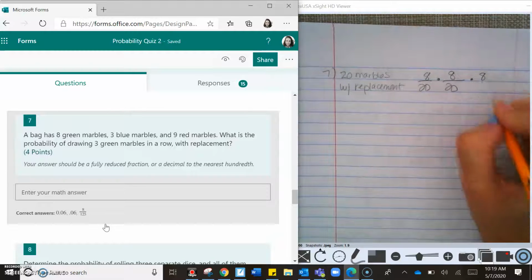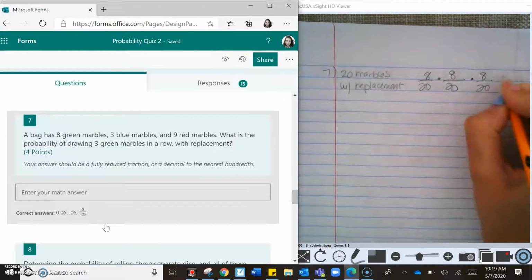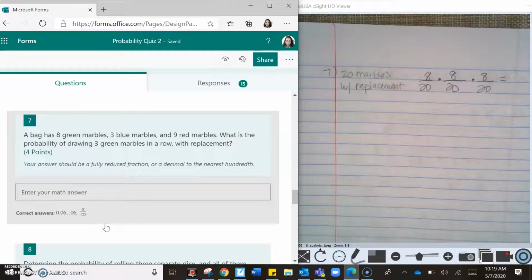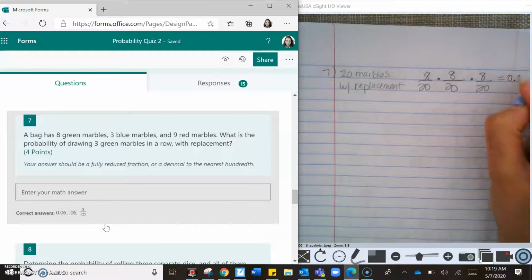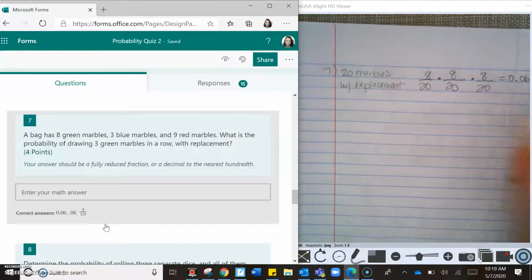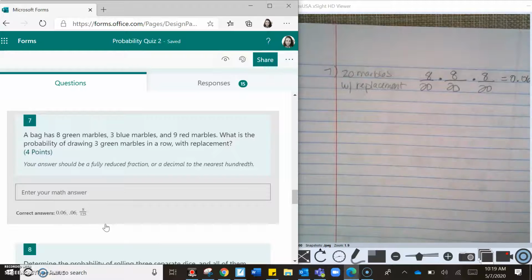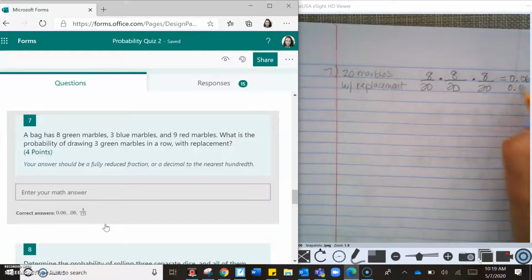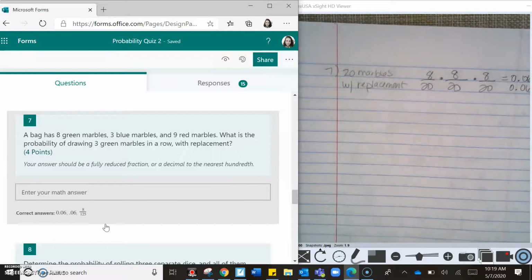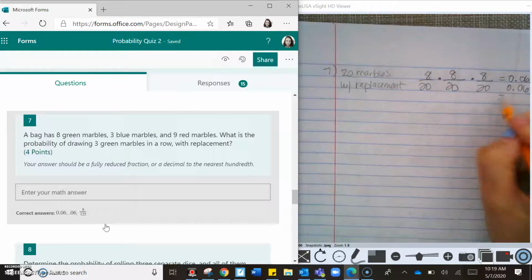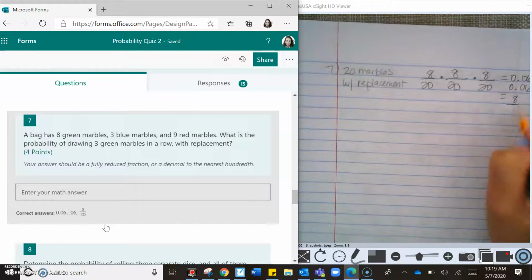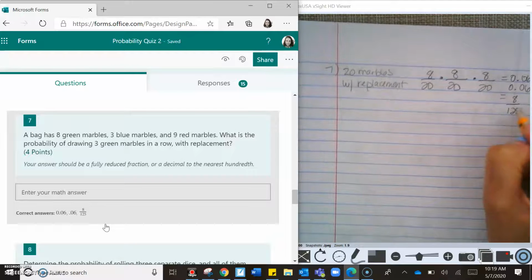That still means I have 8 marbles, and there's 20 still total. So I'm going to take 8 divided by 20, multiply by 8 divided by 20, and multiply by 8 divided by 20. So it gives me a decimal, 0.064. Okay. So if I'm rounding to the hundredths, that's going to be 0.06. And if I'd like a fraction, that's 8 out of 125.